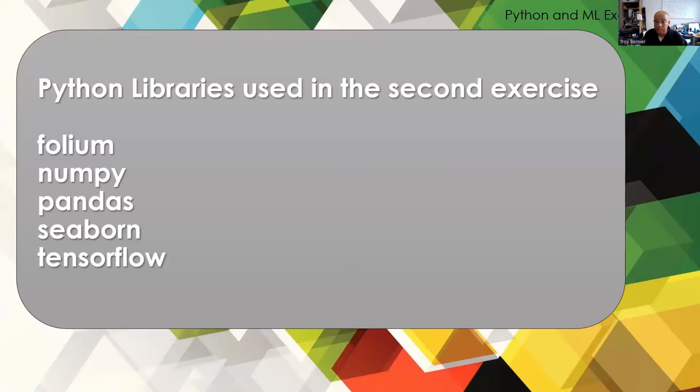We have Folium, and Folium builds on the data wrangling strengths of the Python ecosystem. It's mapping strengths come from something called the Leaflet JavaScript library. So it allows you to manipulate your data in Python and then visualize the data in a Leaflet map. The next one is NumPy.